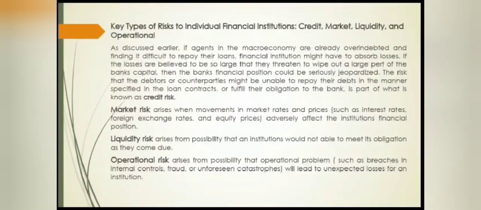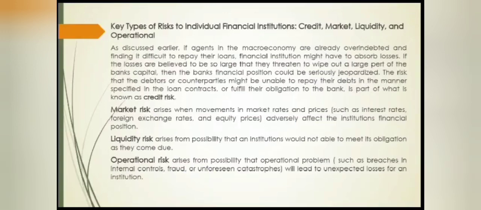Last, these are the key types of risk to an individual financial institution. As I discussed earlier, if agents in the microeconomy are already over-indebted and finding it difficult to repay their loans, financial institutions might have to absorb the losses, especially if the losses are believed to be so large that they threaten to wipe out a large part of the bank's capital.